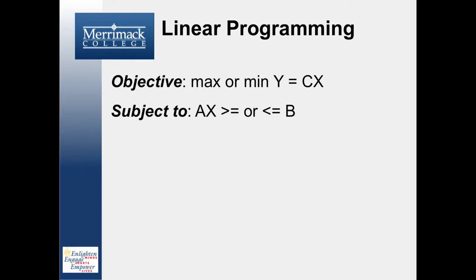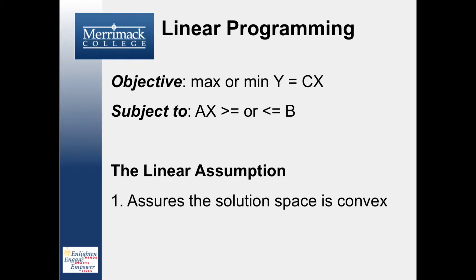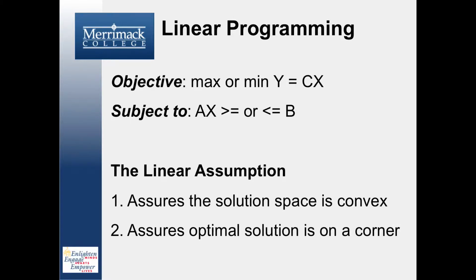Those kinds of things. So there are constraints on the values that X can take on. And it's always a linear assumption. So what this does is it assures a solution space is convex. And there's an optimal solution somewhere, and it's at a corner where two lines intersect.